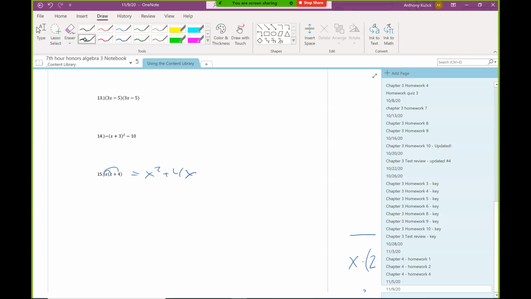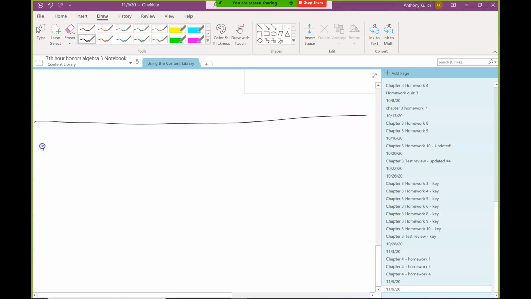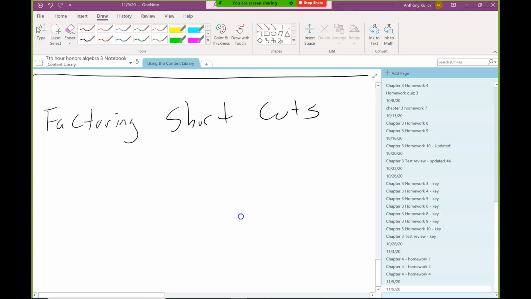Okay, sounds good. Today, we're going to continue talking about factoring. But today we're going to talk about the factoring shortcuts. Those of you that have done factoring before and know a faster way to do some of these things, good.